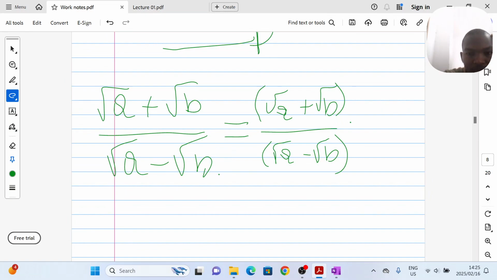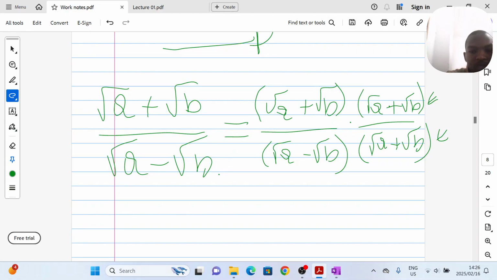The conjugate of the denominator is going to be square root of a minus square root of b, but now we change the sign in the middle, so it's going to be plus, all over square root of a plus the square root of b. Take note that we are multiplying and then dividing, so that we're not coming up with something new. We're multiplying by 1 essentially. So that's what is happening there.